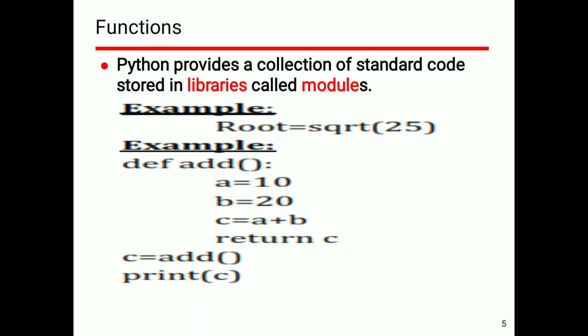Example: root equal to sqrt of 25. sqrt is a library function contained in the math module.